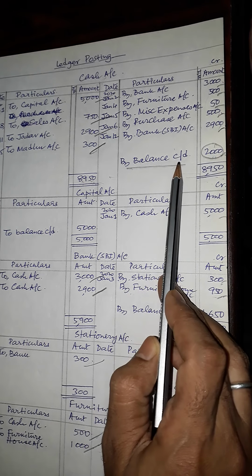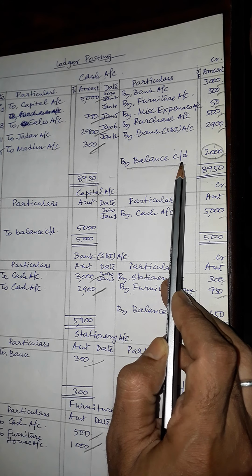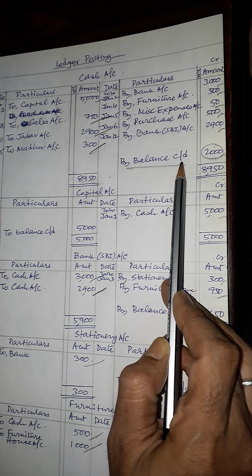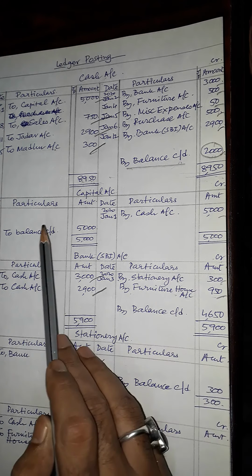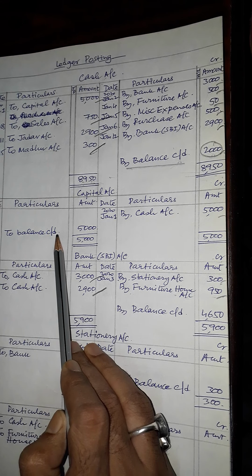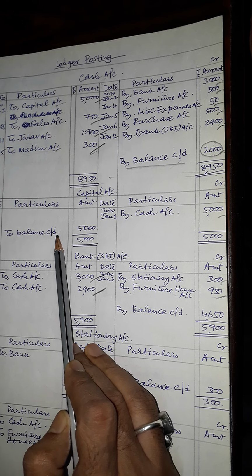If the closing balance of any account appears in the credit side, it will be called a debit balance. Similarly, if the closing balance of any account appears in the debit side, it will be called a credit balance.